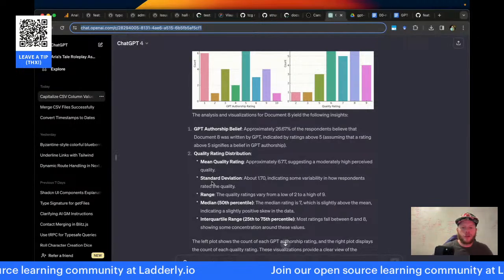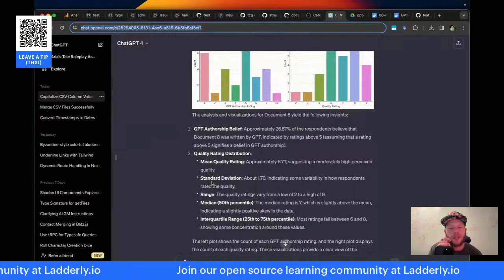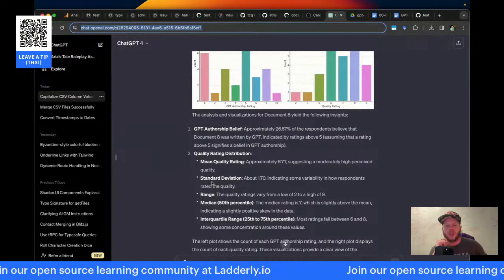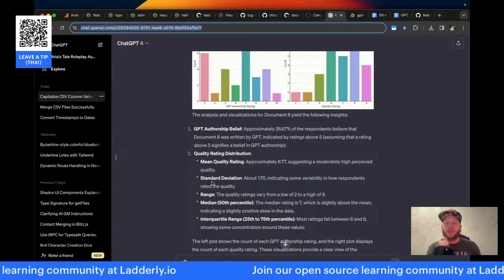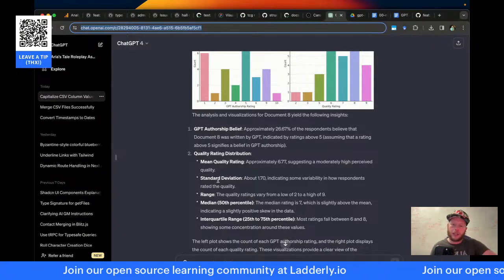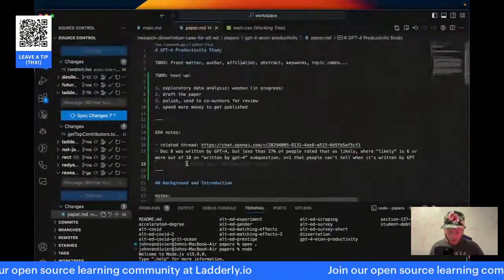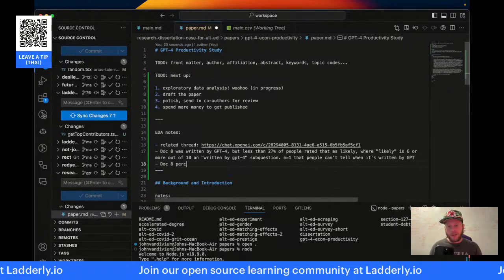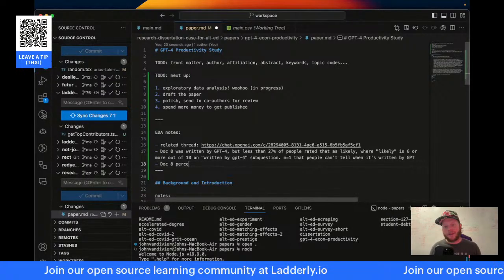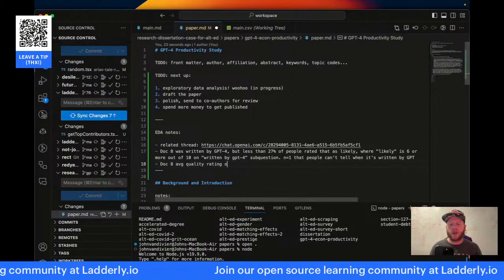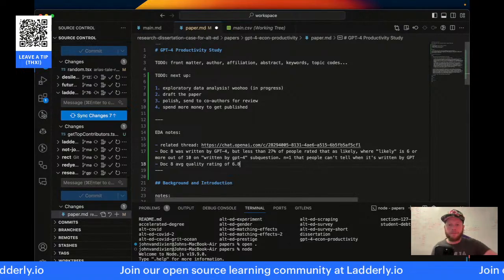Quality distribution. The mean was 6.7, suggesting high quality. Okay, so it's inversely correlated to being perceived as GPT, right? We might see an anti-technology bias here. Doc 8 average quality rating of 6.8, rounded.